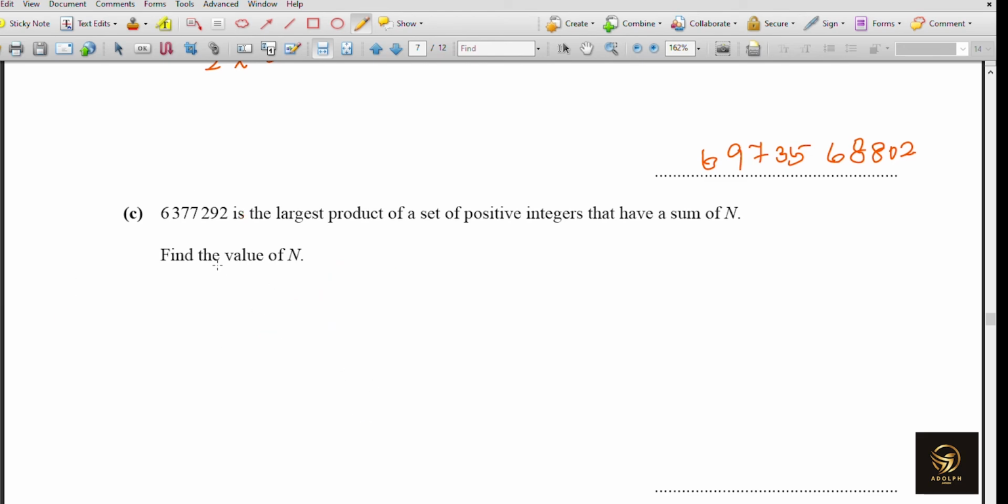First you extract the 2. 2 power 2 is extracted, so just divide this whole value by 2 two times, so that only the multiples of 3 remain: 2 power 2 into 3 power 13. So this is the answer, and the x value is 2. Suppose you have to add the numbers to find n: n equals 2 into 2 plus 3 into 13, and we will be getting the answer as 43.